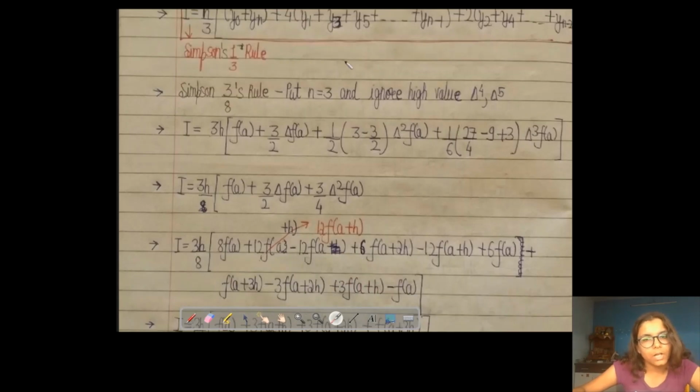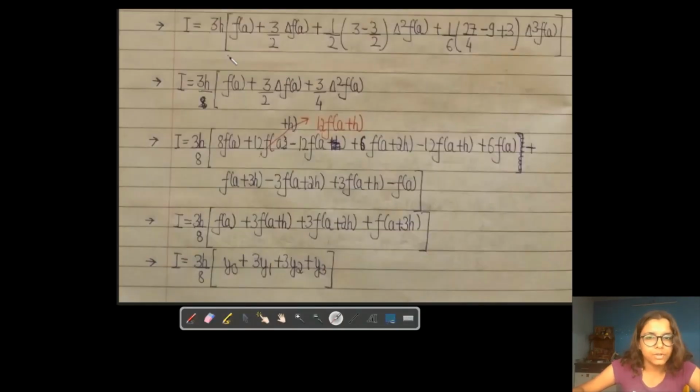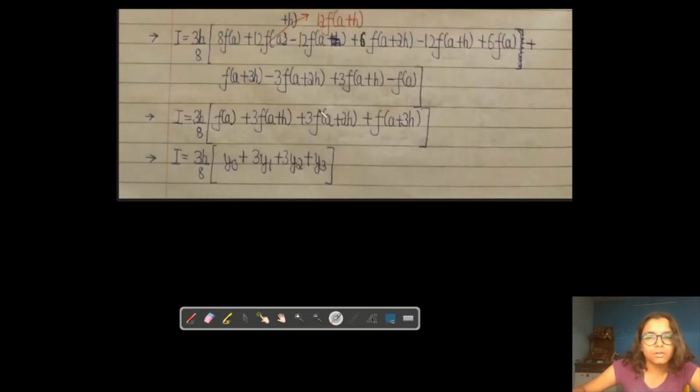For the next one, we have n is equal to 3, which is Simpson's 3 by 8 formula. We will ignore every other higher value after delta to the power 3. As we are ignoring them, we would only be getting the value till delta cube, and again we would simplify all the fa values after putting the value of n, and doing so, we would change the values of fa to y terms.